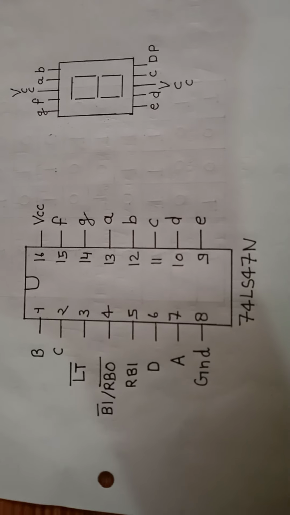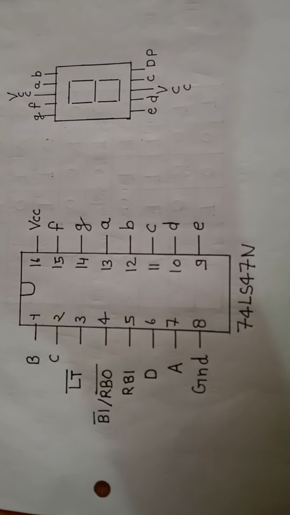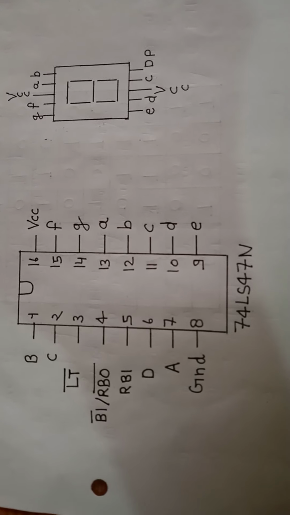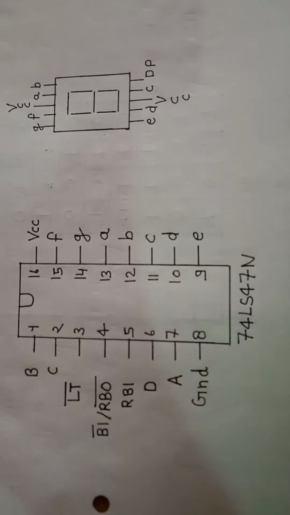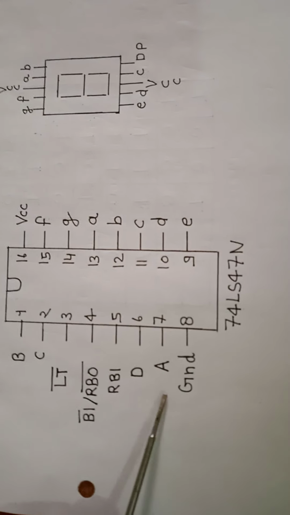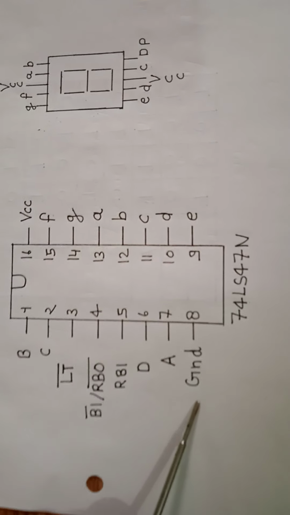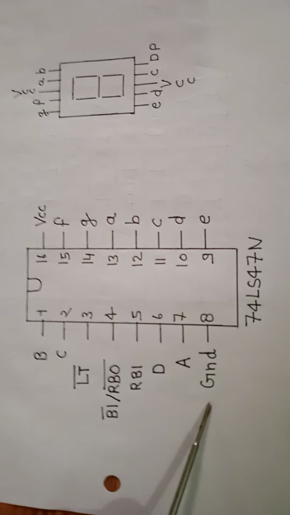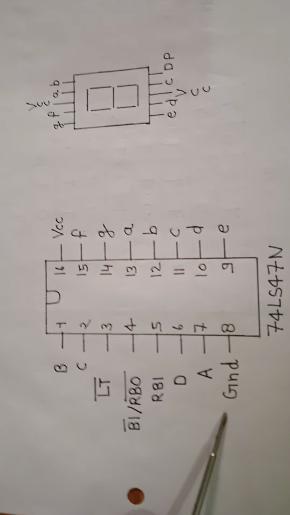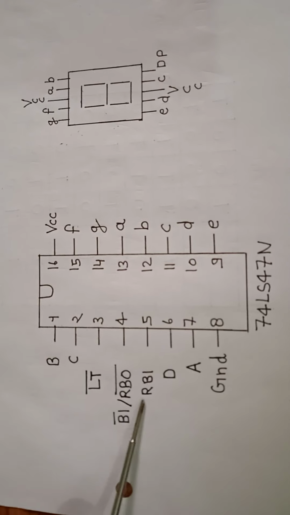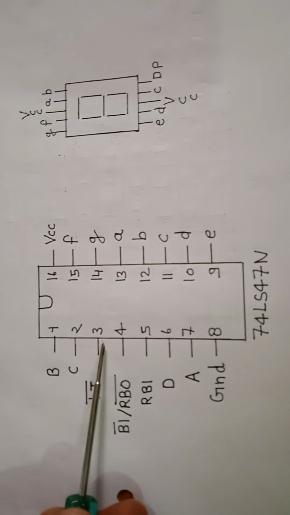Pins 1, 2, 6 and 7 are for BCD inputs. You can see that A, B, C, D are BCD inputs. Here we give the binary or BCD data to this decoder.